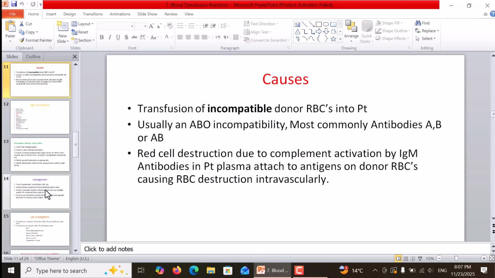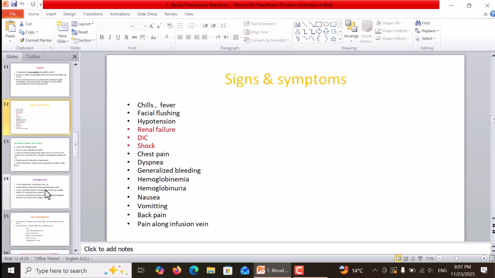Red cell destruction is due to complement activation by IgM antibodies in the patient's plasma attached to antigens on donor red cells, causing RBC destruction intravascularly. This is the pathophysiology behind this kind of reaction. Patients suffering from this reaction usually present with signs and symptoms such as chills, fever, facial flushing, hypotension, renal failure, DIC and shock.